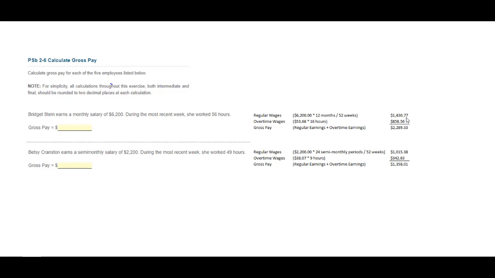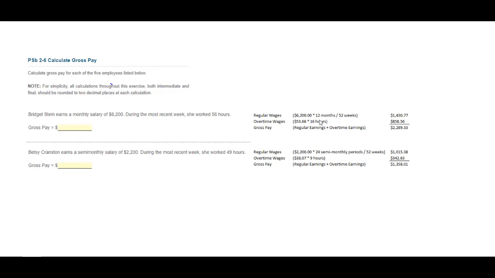What is the overtime wage? We know it's 16 hours, but we don't know the overtime wage rate. We could calculate it though. The overtime wage rate would be times and a half of the regular wage rate. And what is the regular wage rate? Well, we don't know.